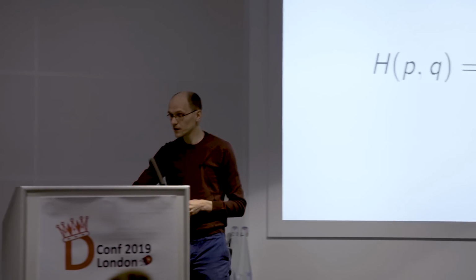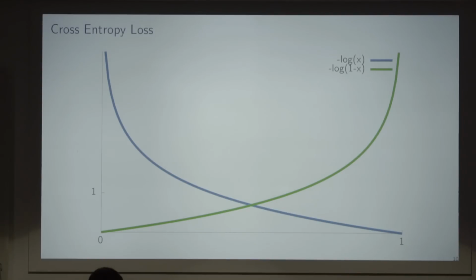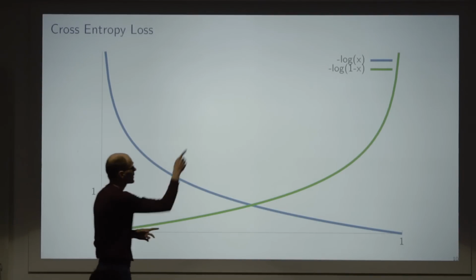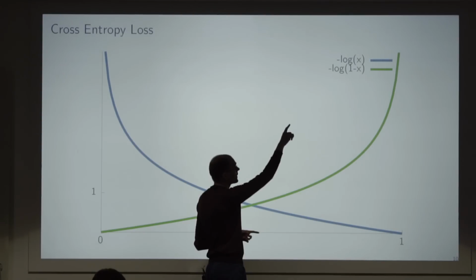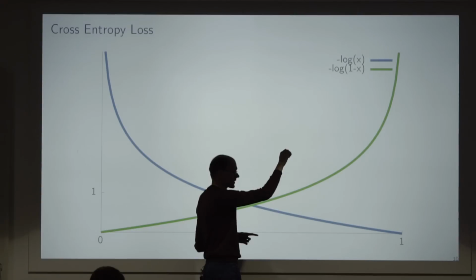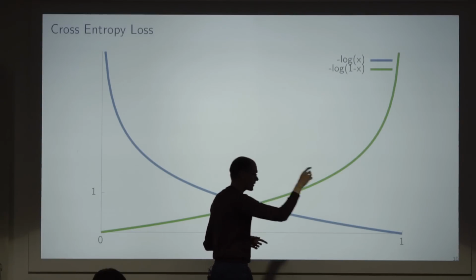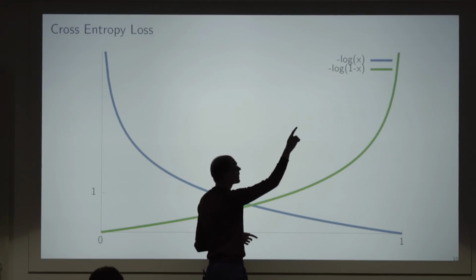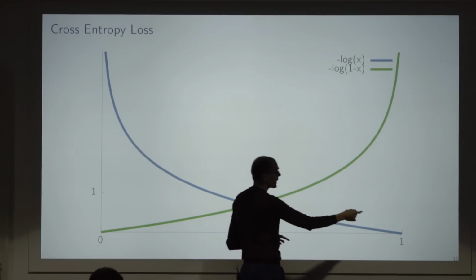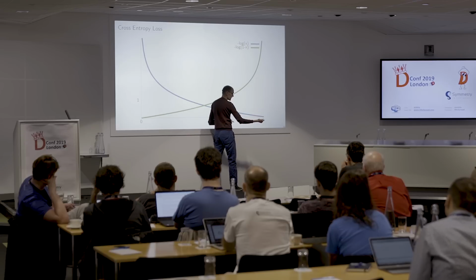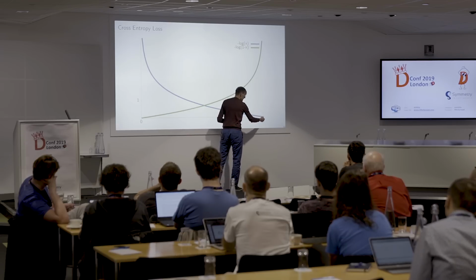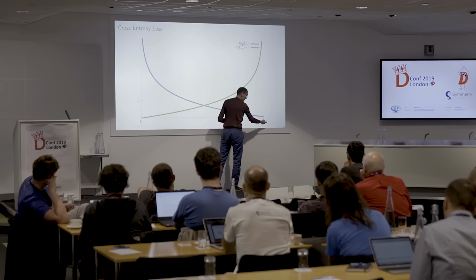So I have a picture for this one as well. There are technically two terms, right? x is the probability of predicting that it is an apple, and 1 minus x is that it is not an apple, let's say an orange. If we follow the green line, and we plug in something very close to 1, meaning we see an apple and we actually say it is an apple, then we have almost no loss.